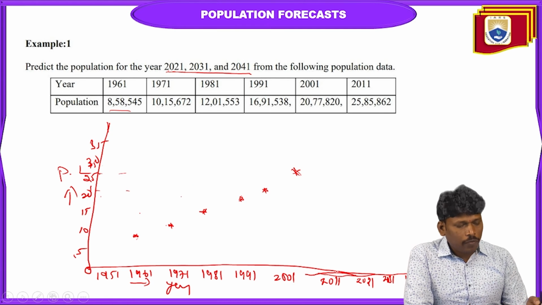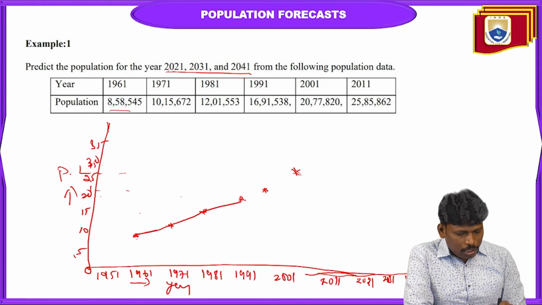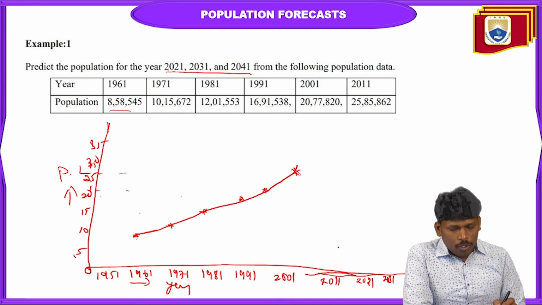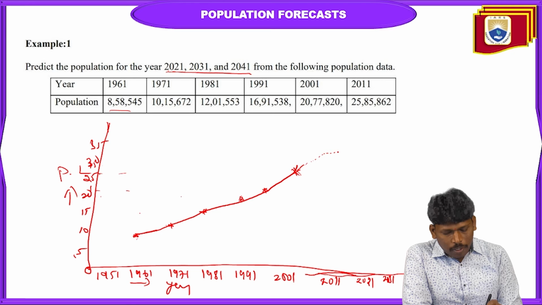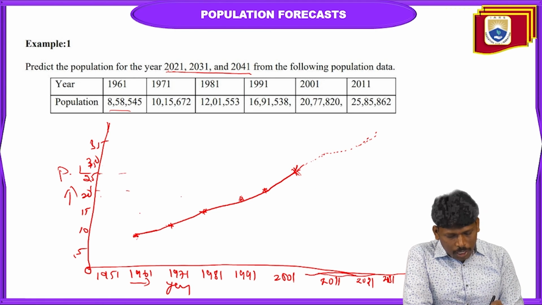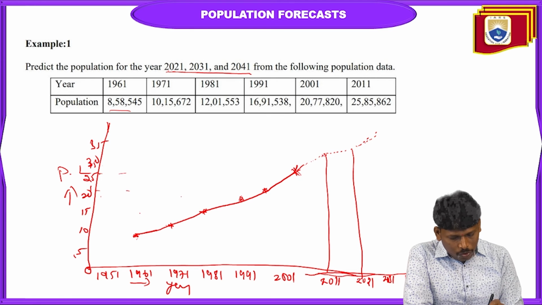So according to the graphical method, you need to draw one solid line touching all these points. Then I need to extend this curve with a dotted line like this. 2011 is already a known value, it is 25.